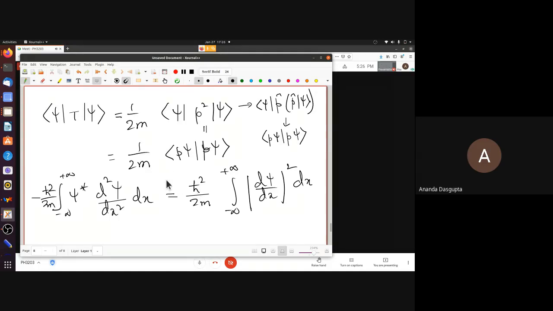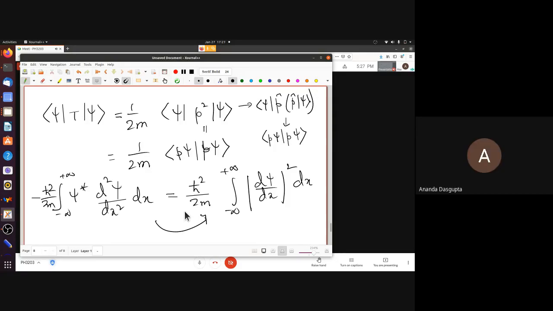And at a more elementary level, you could just say that this is equal to this because of what? How do you get from here to here? What's the method which allows you to show that this is the same as this? Integration by parts, exactly.